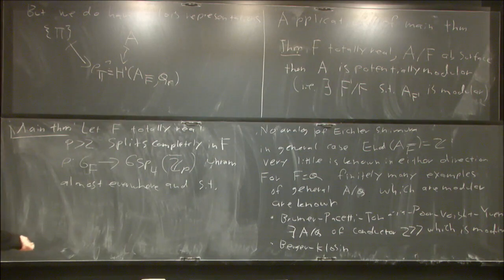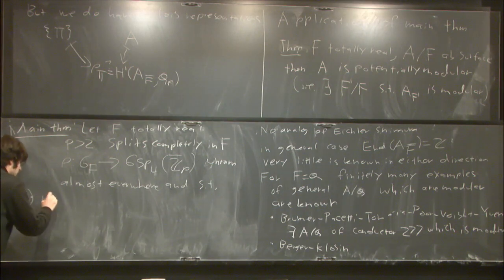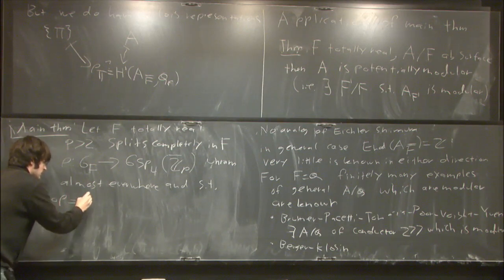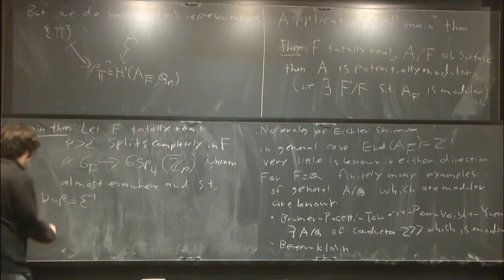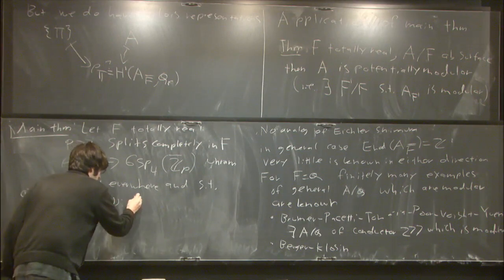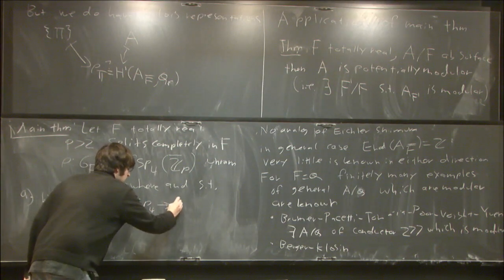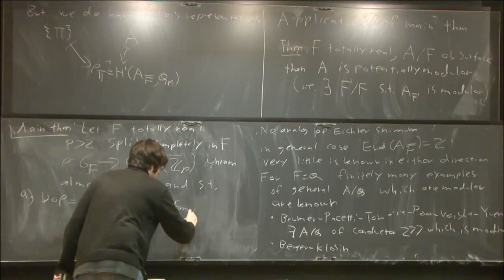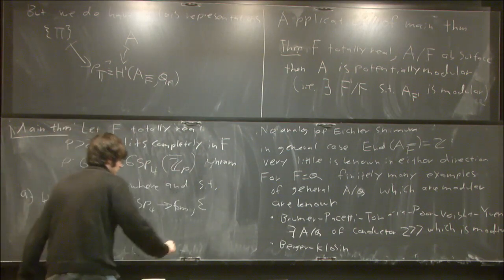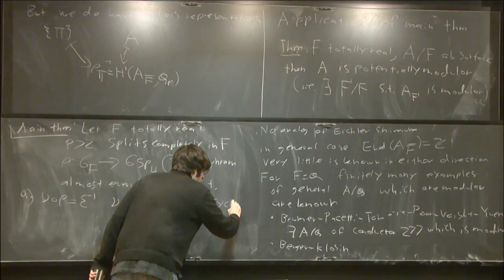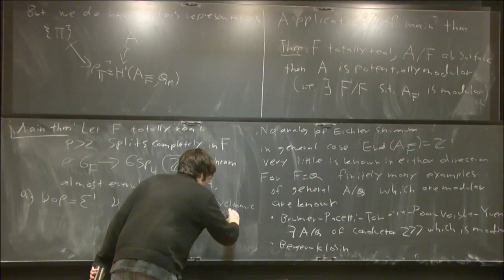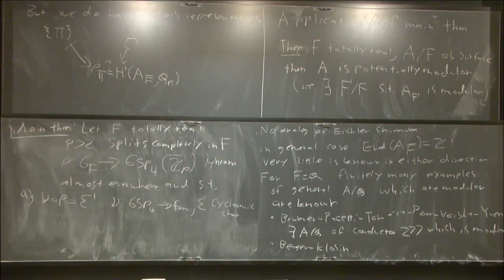First of all, we're going to ask that this Galois representation has inverse cyclotomic multiplier. By nu, I just mean the multiplier character from GSp4 to G_m, and I'll write epsilon for the cyclotomic character. That's not that much of a condition.